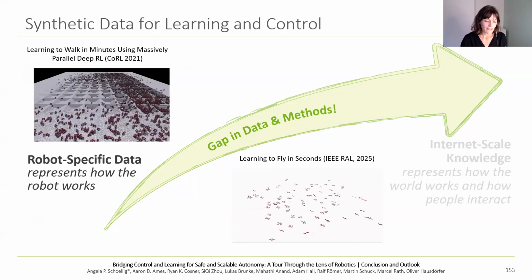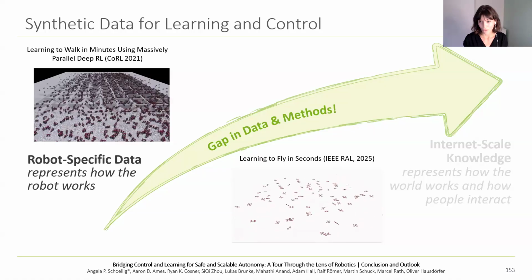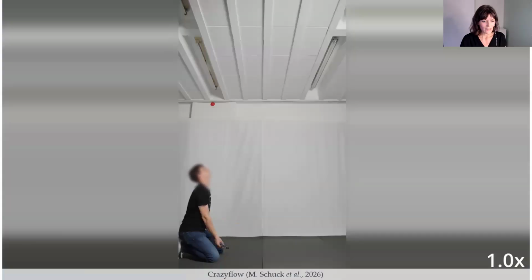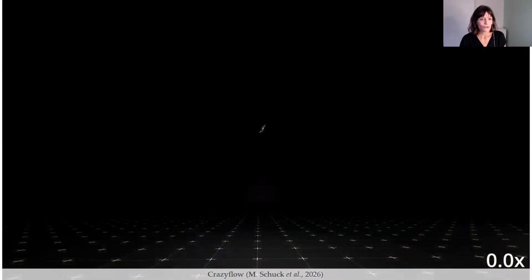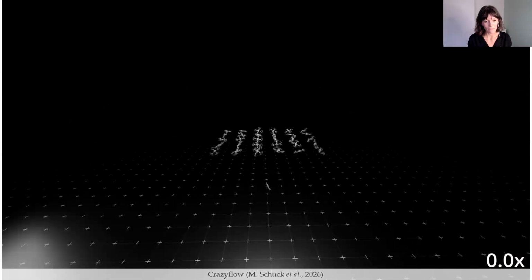And so we recently did something to show you that there can be almost a paradigm shift in controls to a certain extent. We basically built a simulator called Crazy Flow, and there to show the potential of GPU accelerated parallel simulation.